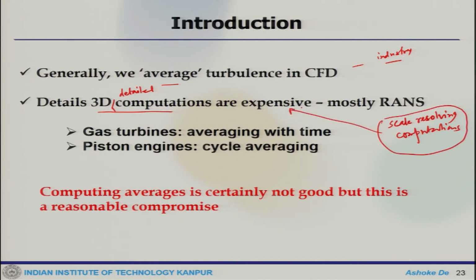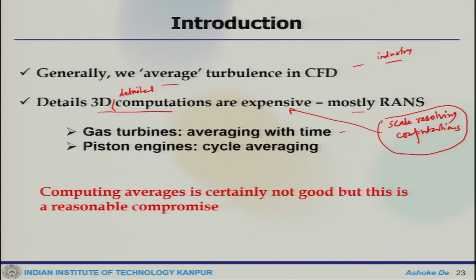So, what people do, sometimes in academia, but mostly in industry, is use RANS, and you get the solution in quick turnaround time. So, that is what we do, the averaging. And what kind of averaging do you do? If you look at the gas turbine, you average with time because of the unsteady flow, and when you go to piston engines, you go by the cycles and do cycle averaging.